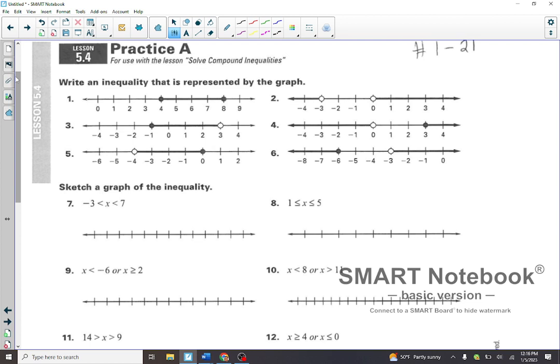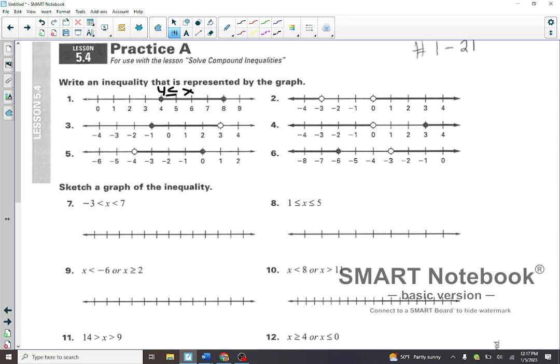How do we represent this one as a graph or as a statement? So for number 1, it is in between 4 and 8. Because it's in between, it is an and statement. So for number 1, it's going to be 4 is smaller than or equal to, and I use smaller than or equal to because it's a closed circle, my variable, which I'll call x.